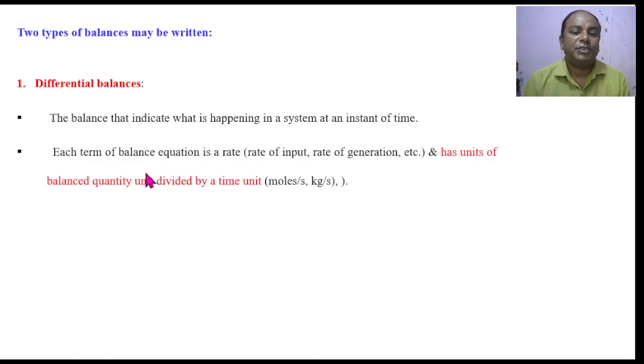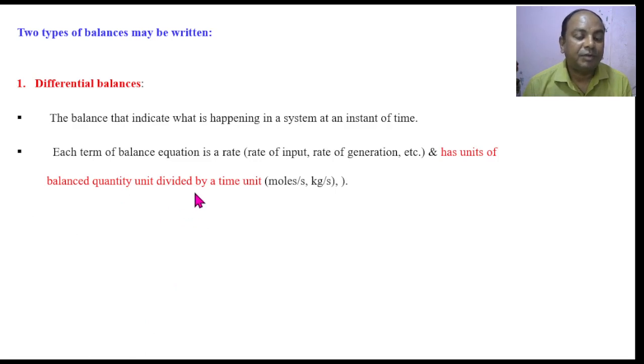So what does this differential balance give us at the end? A balanced quantity divided by its time unit. That means we measure what is happening at an instant of time, and the quantity that comes out is divided by that instant of time. It may be a second, minutes, or hours.